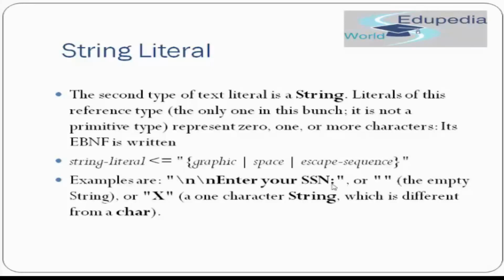Or simply capital X in double quotes is also a string, which is different from char because it is in double quotes, not single quotes. Over here, this X is a string. Note, it is not a char because it is in double quotes. Anything in double quotes is a string, not a character. So this was about the string literal.